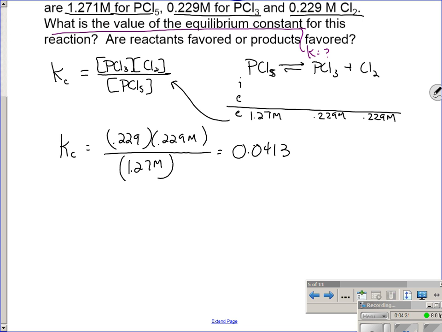So the last question that's asked is, are reactants favored or are products favored? You learned in your recording on the equilibrium constant that if the value of K is greater than 1, we would say that products are favored. So this value is less than 1, and in this equilibrium, reactants are favored.